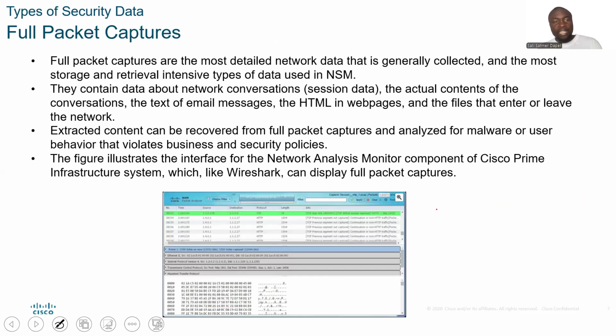Another way to gather security data is what we call full packet capture. Full packet capture is the most detailed network data that is generally collected, and the most storage and retrieval intensive type of data used.